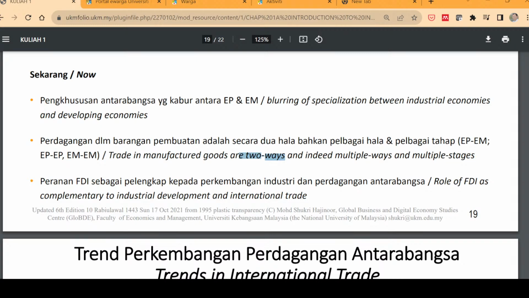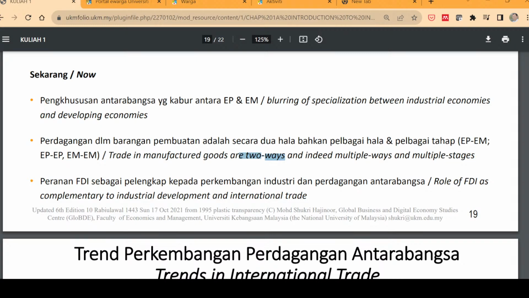While developing countries continue to export commodities. Two ways, and indeed multiple ways. Manufactured goods go from developed to developing, also from developing to developed economies. But also multiple ways: in the past, already multiple ways among developed economies, they export and import among each other.